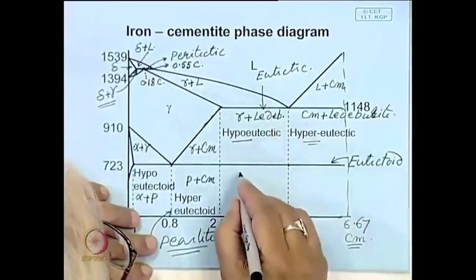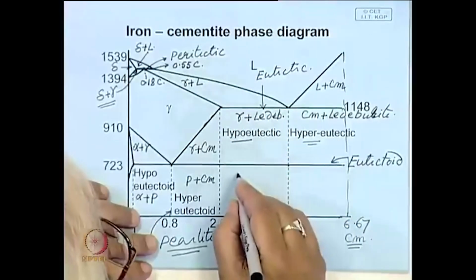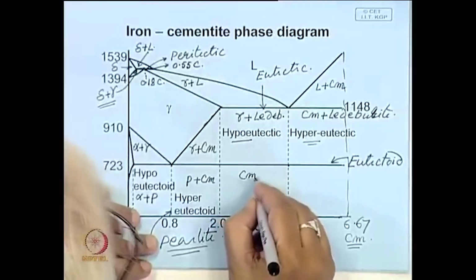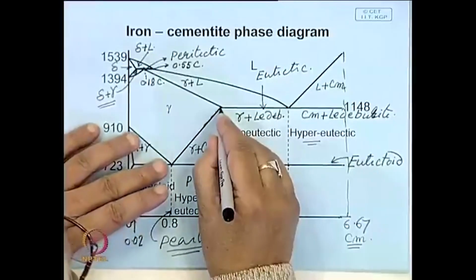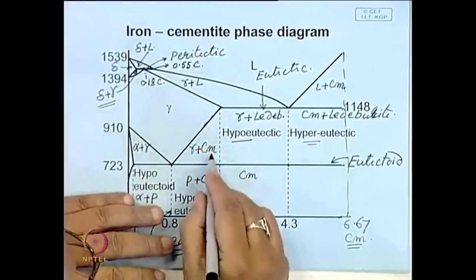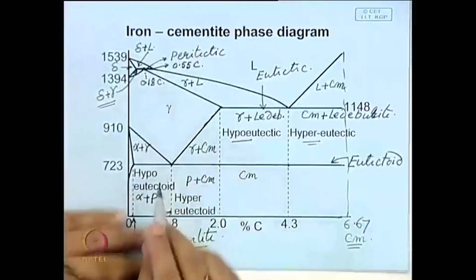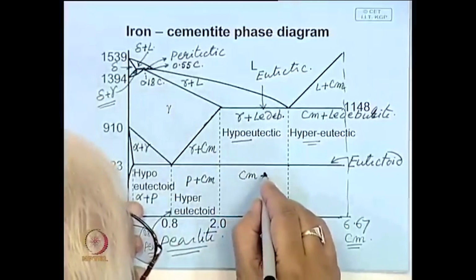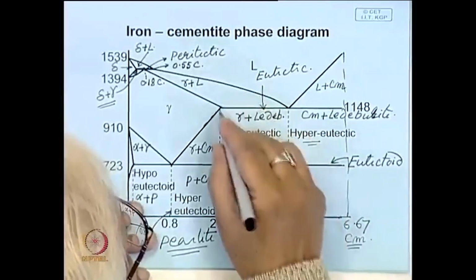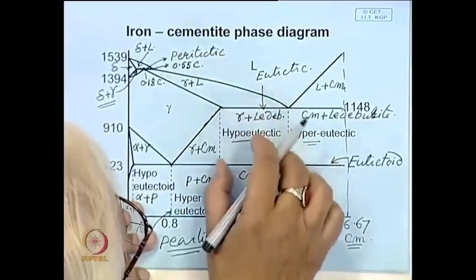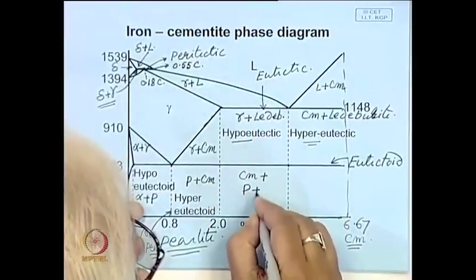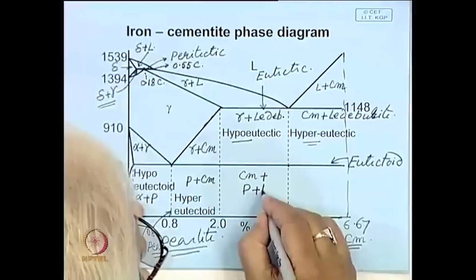So, what you will have here is some proeutectoid cementite. Because the solubility of carbon decreases, some amount of cementite will precipitate out from austenite. Then the entire remaining austenite will convert into pearlite, and then you have the ledeburite structure.